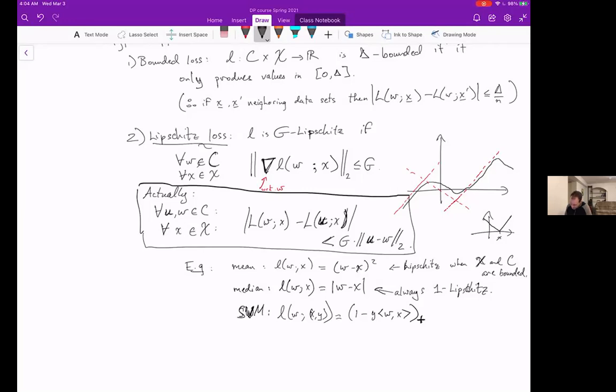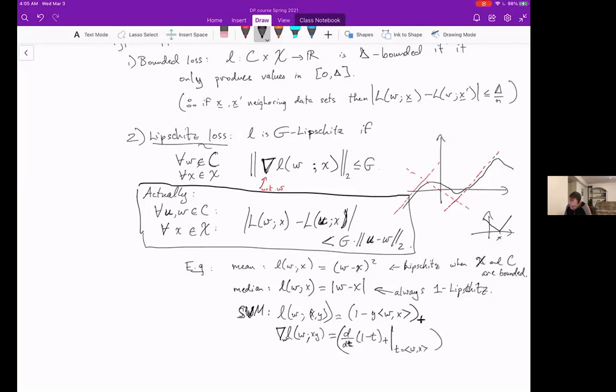If I take the gradient of this, maybe it's good to remember our chain rule from calculus. The gradient with respect to w of the loss function at the point w is going to be the derivative of the outer function, the derivative with respect to its argument of 1 minus t, positive part, evaluated at t equals the inner product.